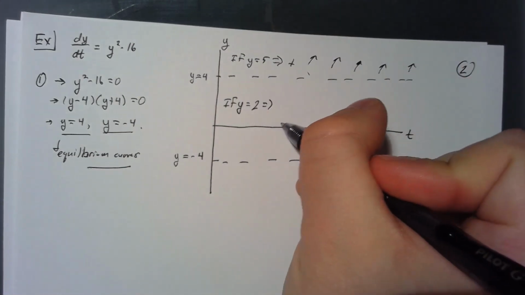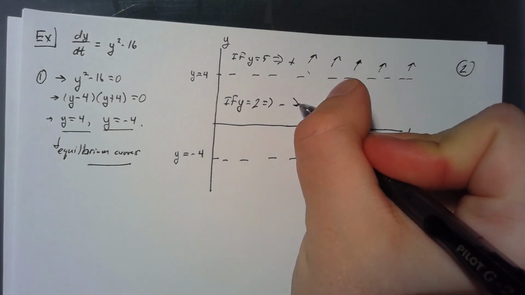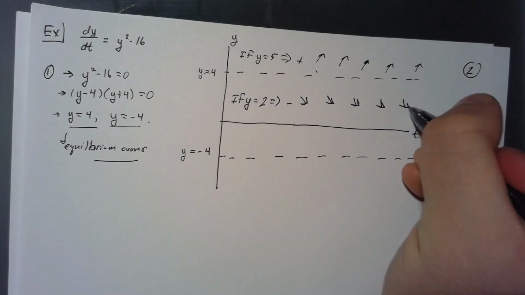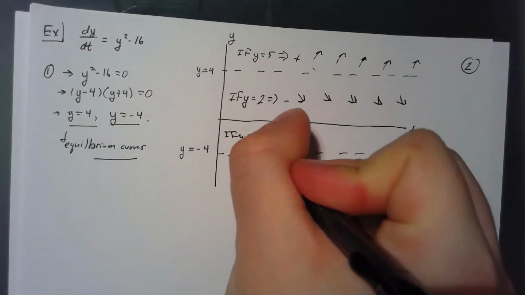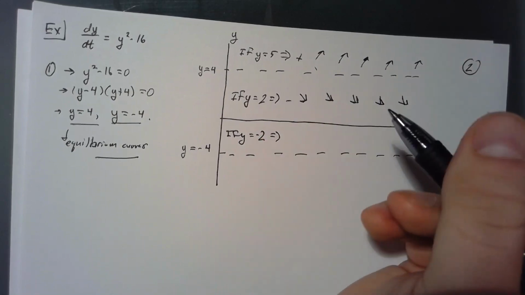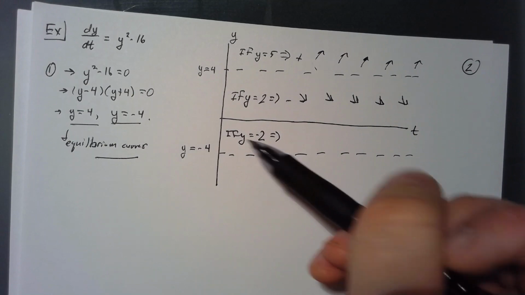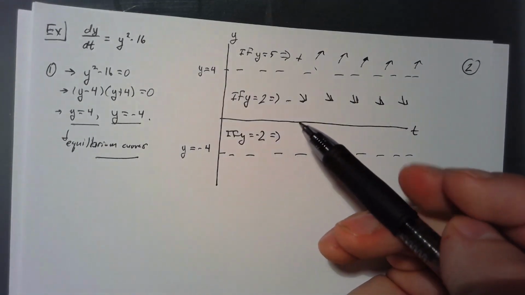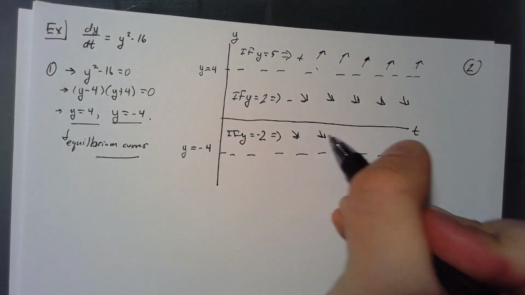That's negative, so I have descending arrows. My slope is negative. If y is negative 2, negative 2 squared is still 4. So 4 minus 16 is still negative 12. It's the same value, still negative.